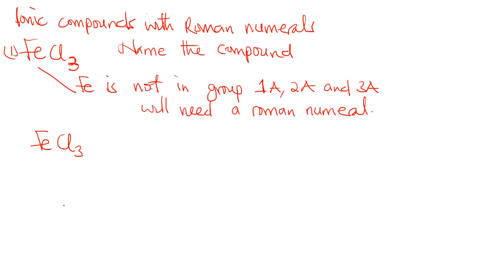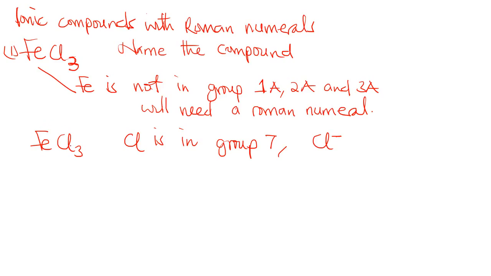To find that, we know that Cl is in group 7. Therefore, Cl is negative. So a Cl has a charge of -1.